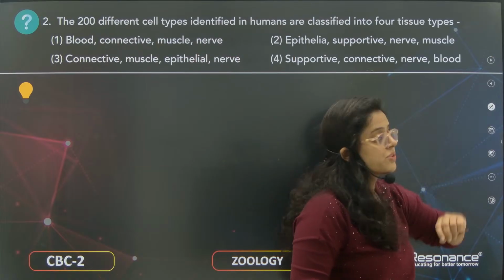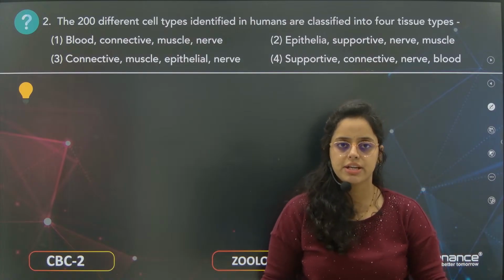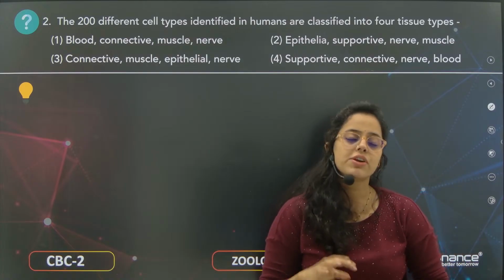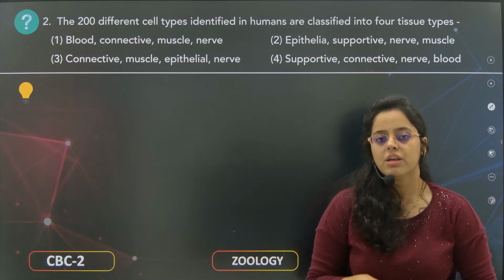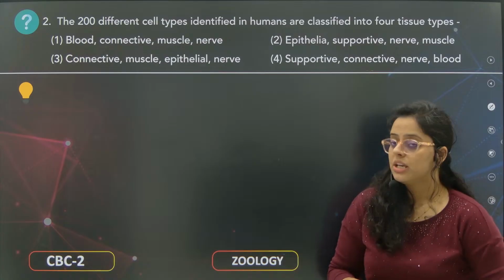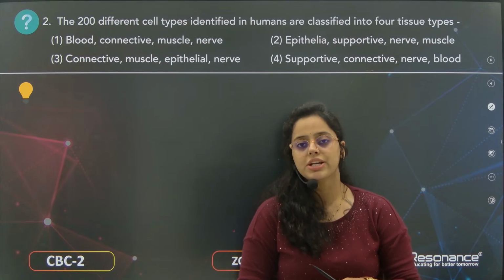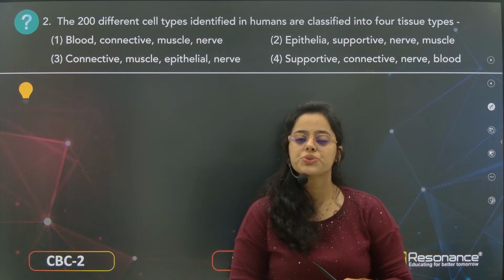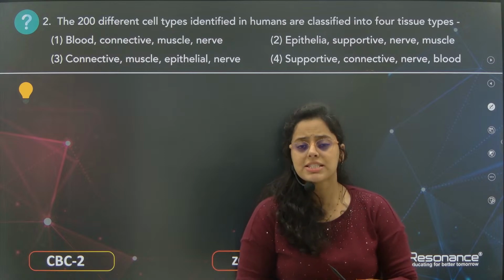Now moving to the next question, this is for you students. 200 different cell types are identified in humans, and they are classified into 4 types of tissues. What are these? They are divided into epithelial tissue, for protective, secretory and absorption function, connective tissue, forming most of the body tissue, and muscle tissue.